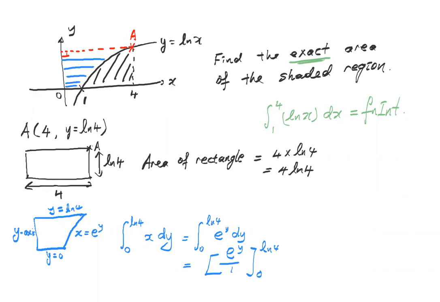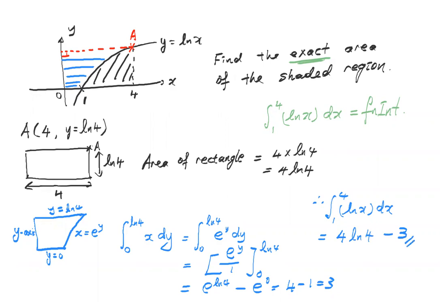So this will be e to the ln 4 minus e to the power 0. e to the ln 4 is 4. 4 minus 1 is 3. So therefore, the area of the integral from 1 to 4 of ln x dx will be equal to the area of the rectangle minus the area of the blue region. Done.